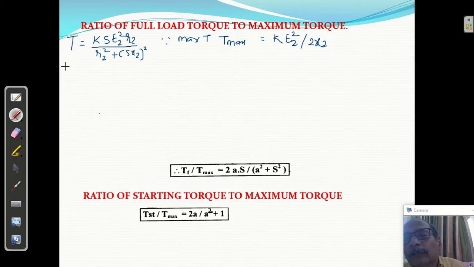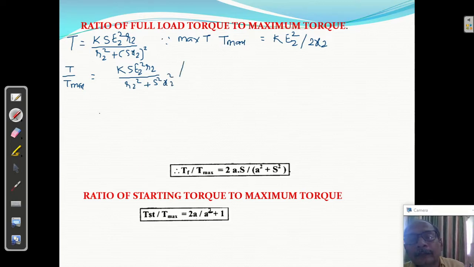Okay, so we will get T upon T max. What is the ratio? T upon T max means this upon this. So K S E2 square R2 upon R2 square plus S square X2 square, this upon K E2 square upon 2X2.